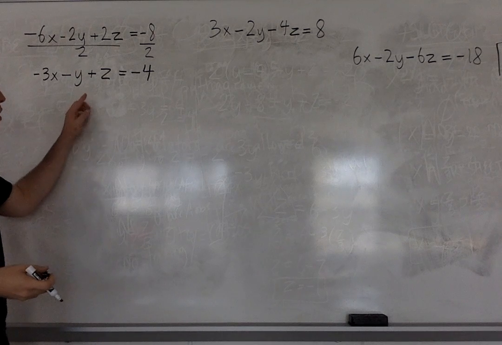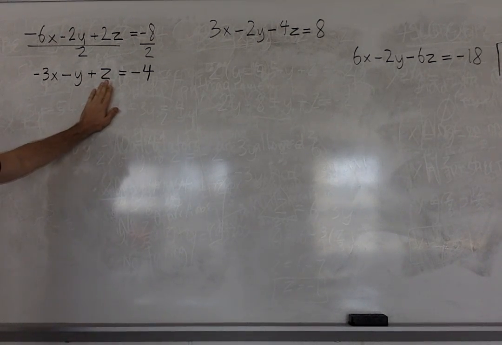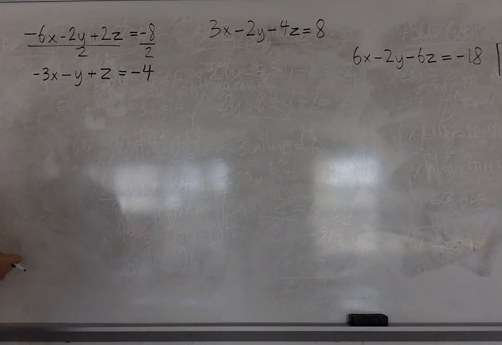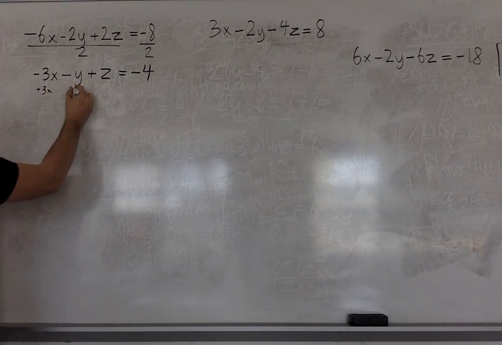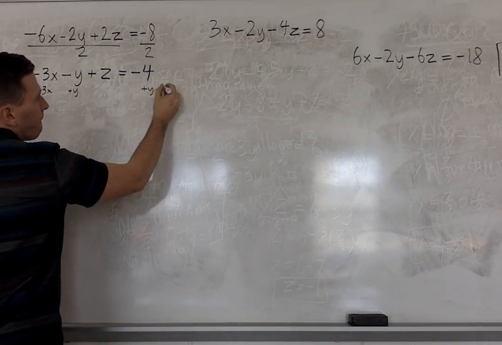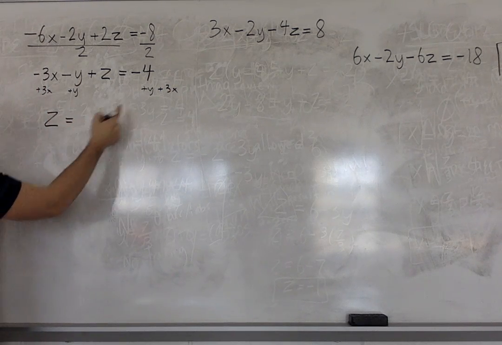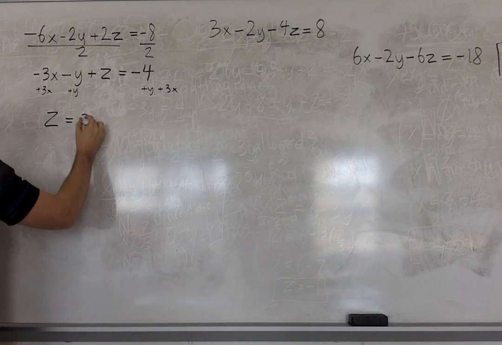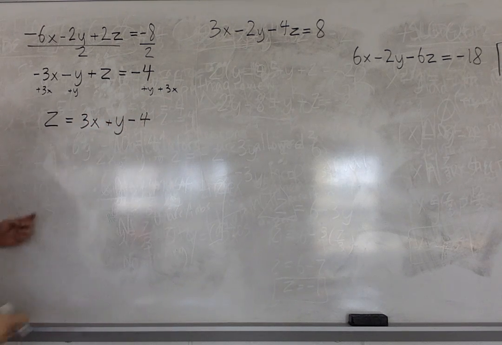Then, this one, the z is already positive, it's already alone, so just like last time when I said I look for the easiest thing that I can do early on, I'm going to do that here. If I add a y and I add a 3x to both sides, I'm going to get z all by itself on the left is equal to 3x plus y minus 4.